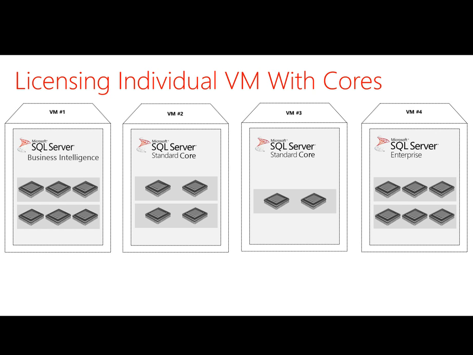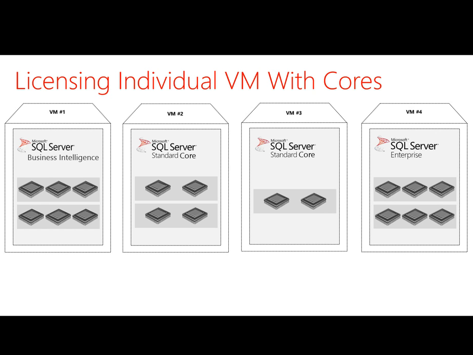So the question is, how many licenses of SQL Server on each virtual machine? And we need to be specific. So first one, virtual machine 1, you have 6 cores of Business Intelligence Edition. Remember, the licensing of Business Intelligence Edition is per server and CAL. So it doesn't matter how many cores, since server and CAL is 1:1.